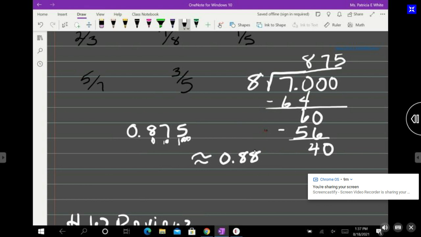What do you do with the 7 again? We rounded to the hundredths. So 0, 1, 2, 3, and 4 says your number stays the same when you're rounding, right? But 5, 6, 7, 8, and 9 says you go up. So the 7 becomes an 8.